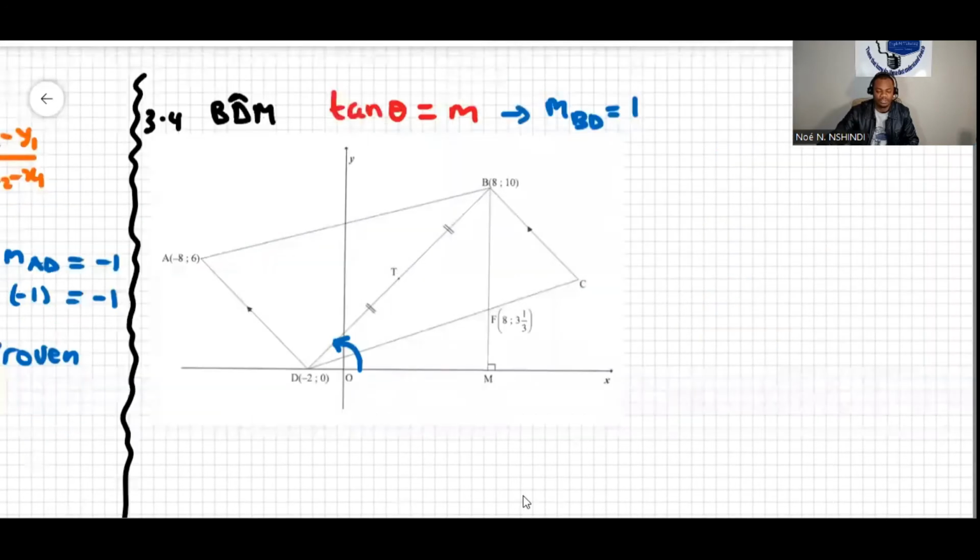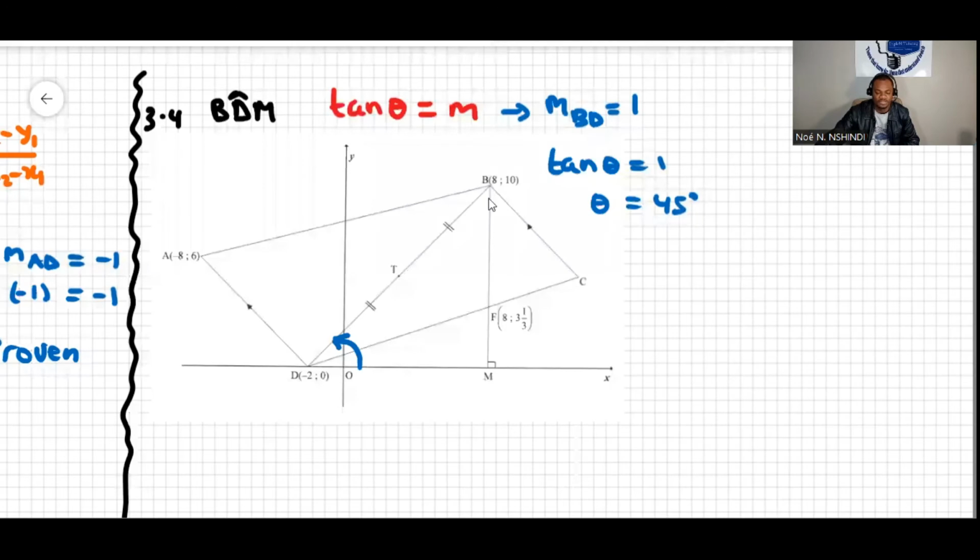Now, if we do tan of the angle, tan of BD, which is theta, it will be equal to 1. We can use a calculator, but I know that tan theta equal to 1 implies that theta equals 45 degrees. If we're not sure, we can use a calculator.